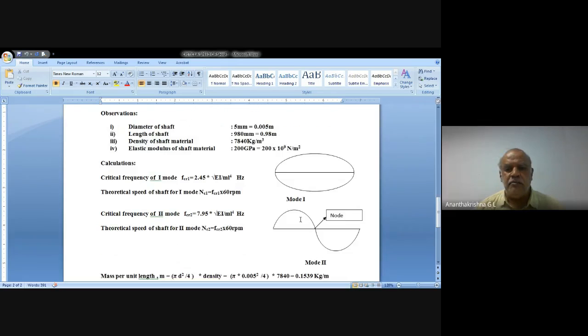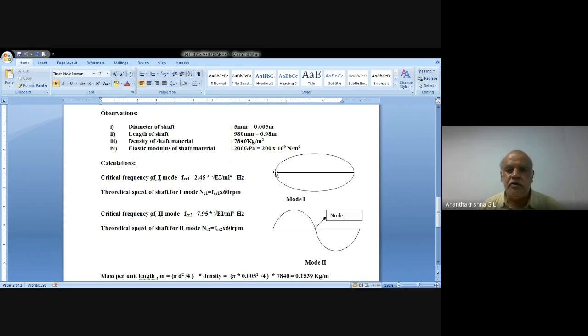So the shaft is subjected to mode 1, mode 2, mode 3, mode 4, mode 5, like that of vibrations. In mode 1, if you remember your analysis lab, if you have done the modal analysis of a beam, then you will know what is mode 1, mode 2, mode 3, how the mode 1, mode 2 vibrations look like.